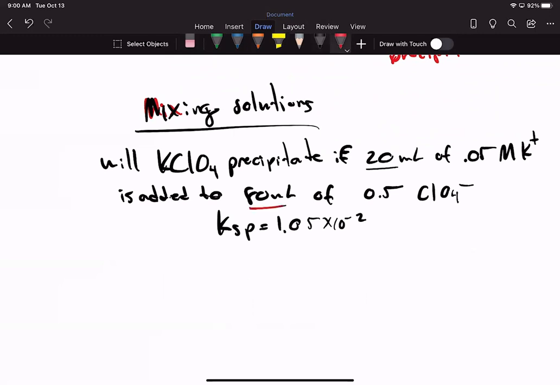What do we do with these volumes? Well, this poses an interesting question here. So here I have initial concentration.